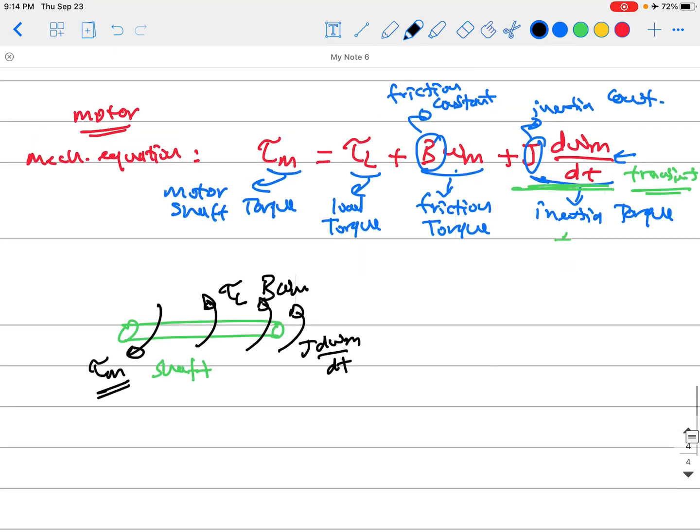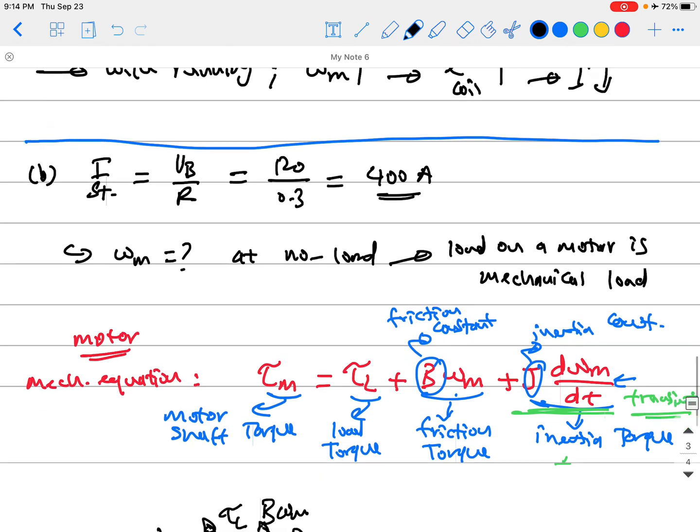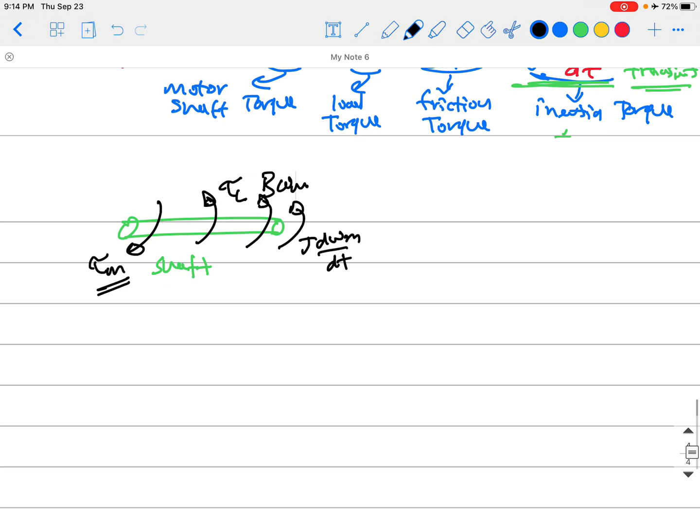So what he wants is for you to find the no load speed, the speed while there is no load. No load means the load torque equals 0. What about the B omega m and the J d omega by dt, the friction and the inertia torque? If he's not talking about them, that means he's basically assuming they're 0.